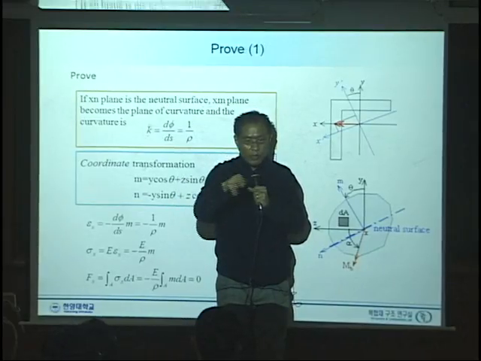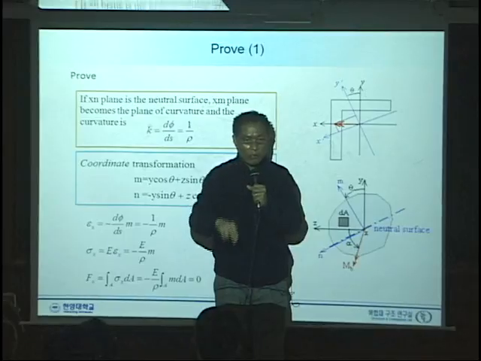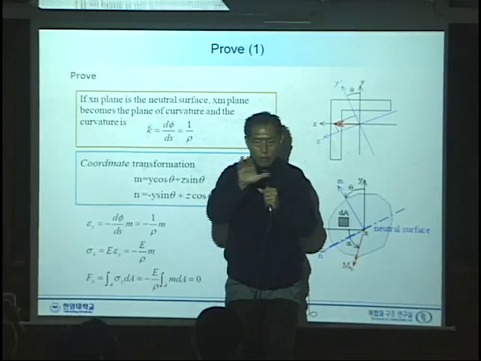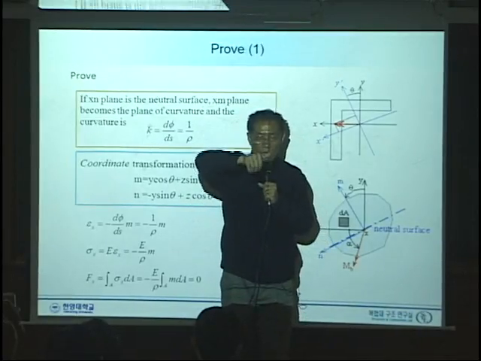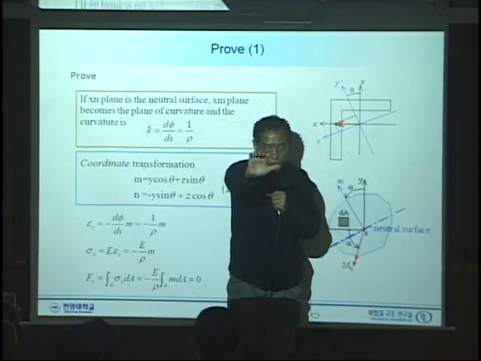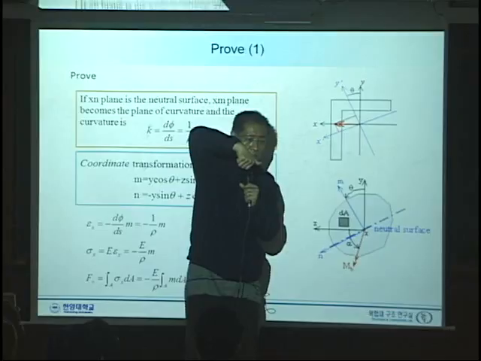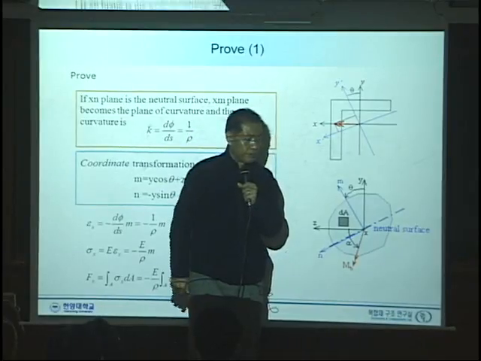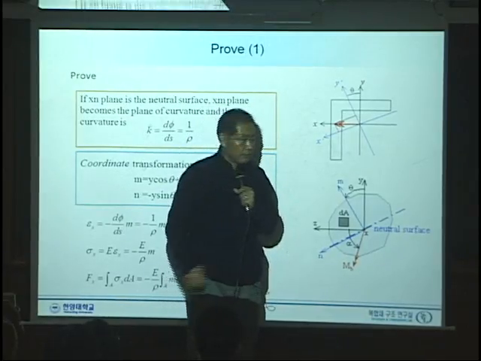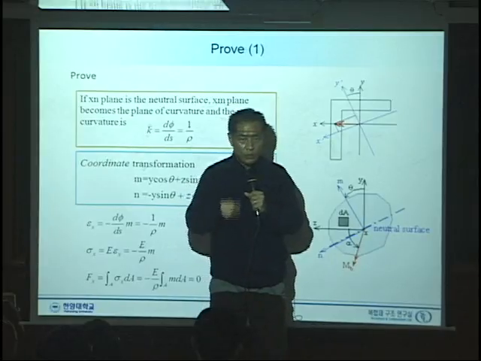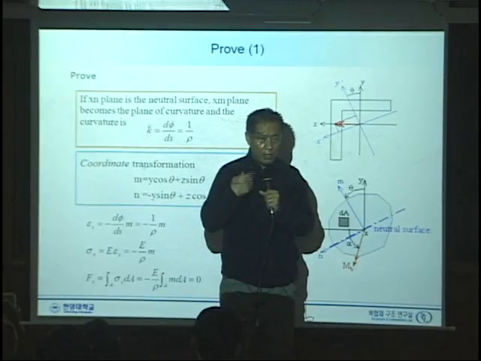So with the beam with arbitrary cross section, when subject to a bending moment this way, even though we apply moment here, the curvature can be generated this way. Do you follow me? Okay?